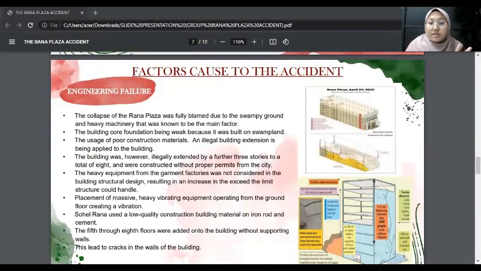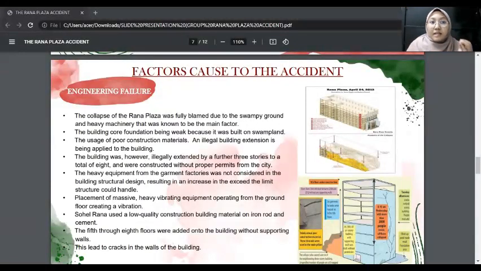For the second point highlighted in this slide, the building was actually a 9-floor building, and the building owner Muhammad Rana only obtained a permit to build a 5-floor structure.